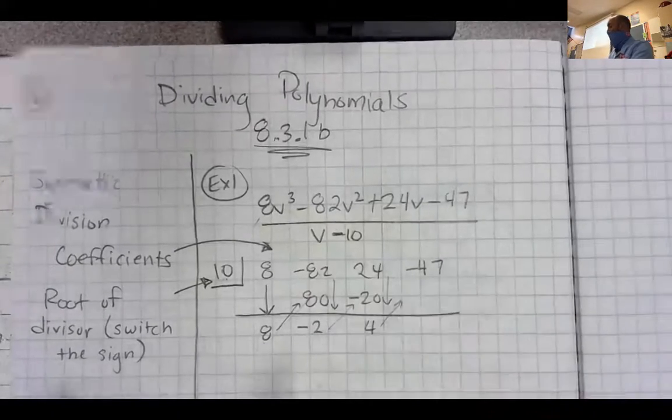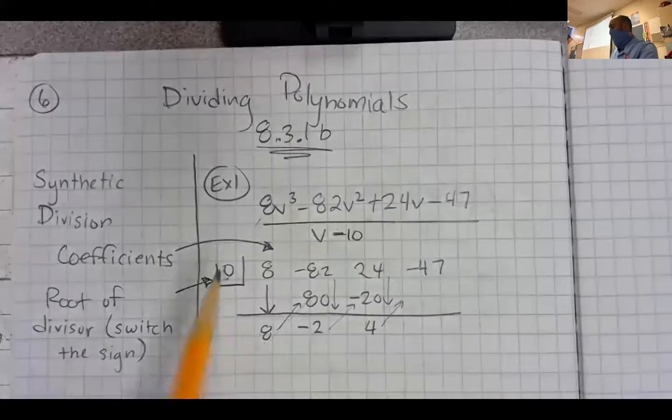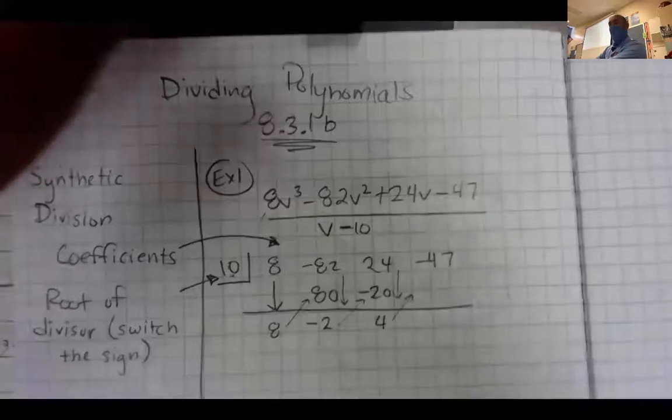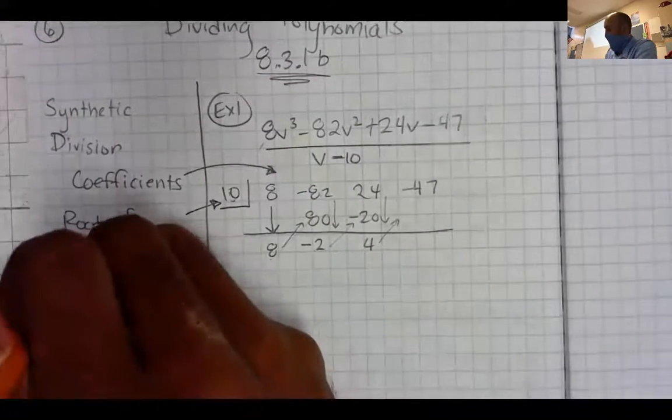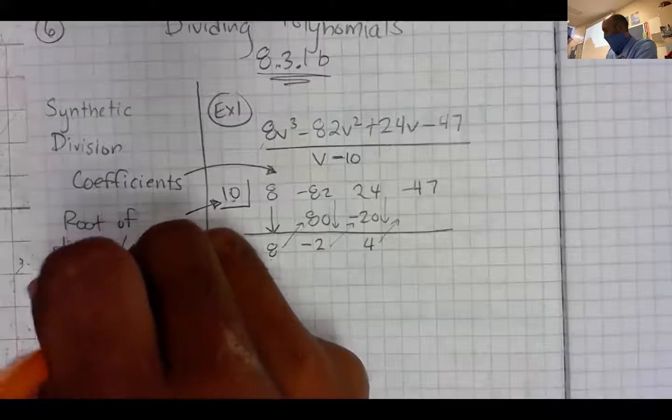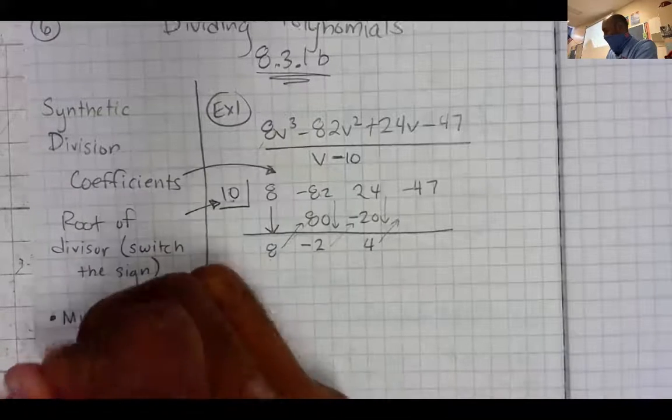Multiply again. Remember, I'm multiplying the root every time. Zoom out a little bit. So multiply the root.